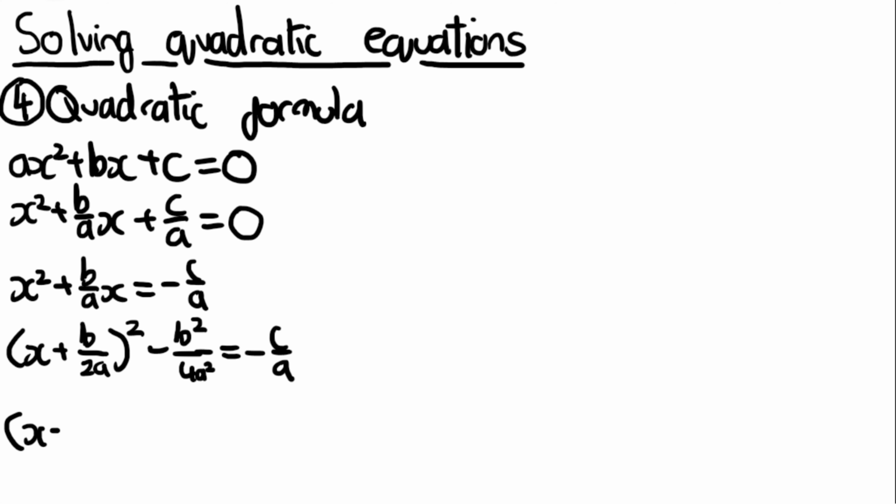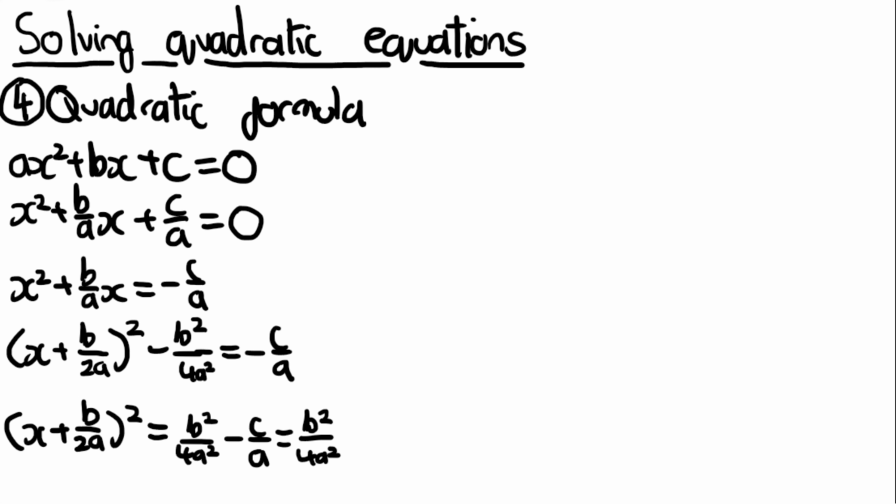So you do x plus b over 2a squared is equal to b squared over 4a squared minus c over a. You make the denominators the same by doing b squared over 4a squared minus 4ac over 4a squared, and then you combine the fractions to do b squared minus 4ac over 4a squared.